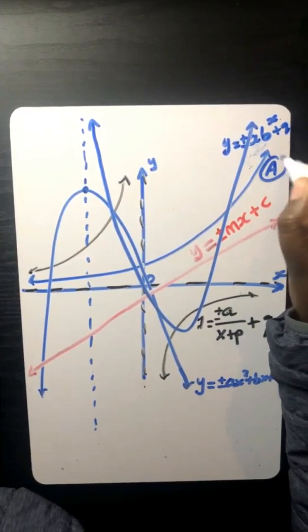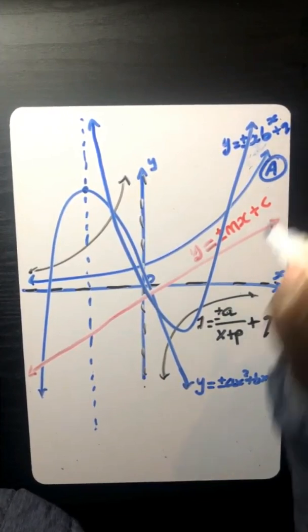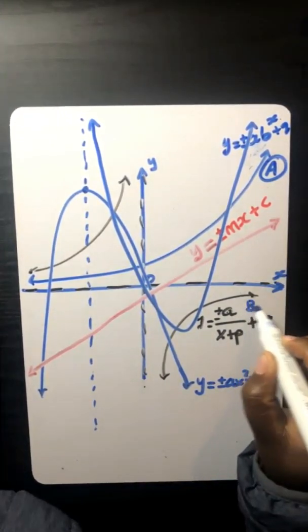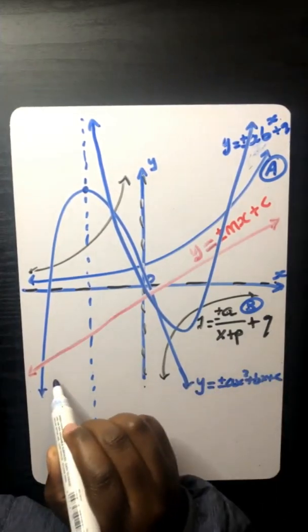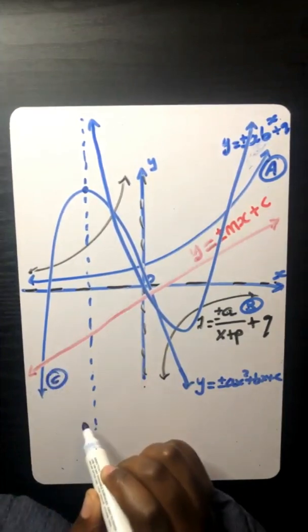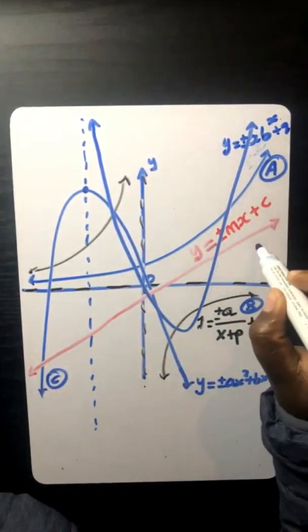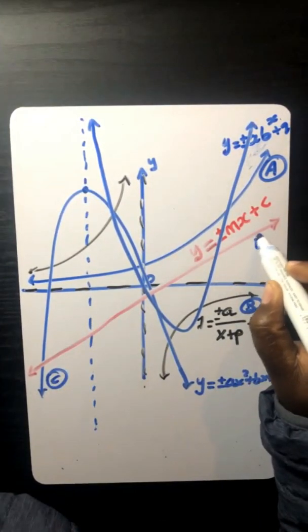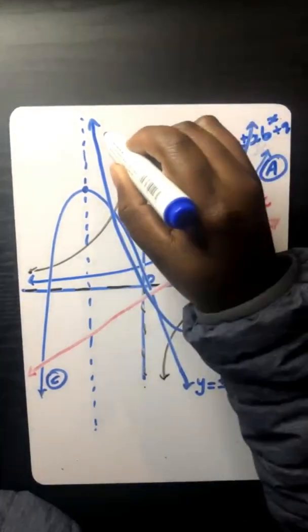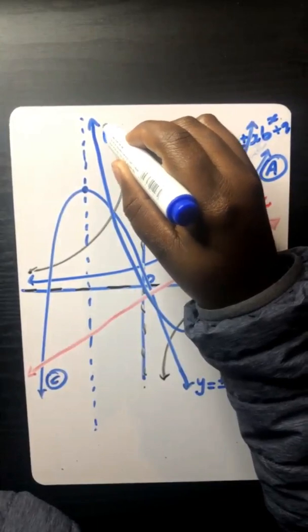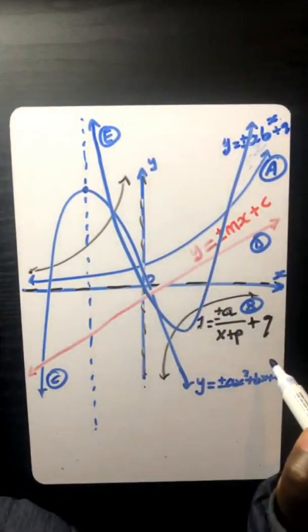So this is now A of x. The second one that I drew, let's assume it to be that one. This is now B of x. The third one, I think is this one. Let's call it C of x. And then maybe this one, A, B, C, D, Desmond of x. And then I just drew that one, Elizabeth of x.